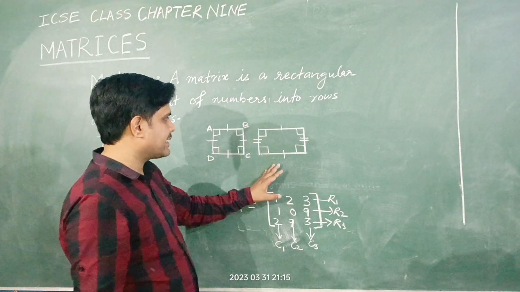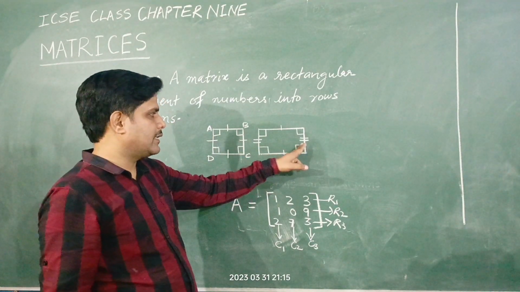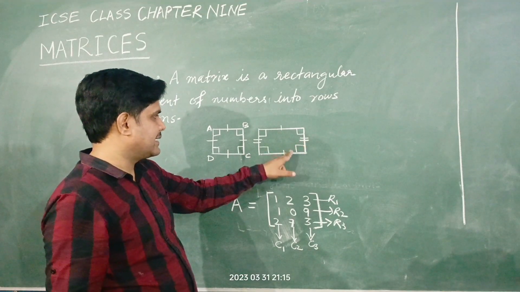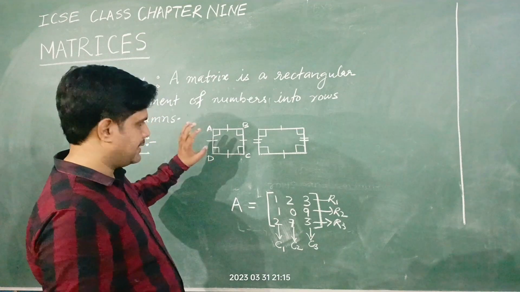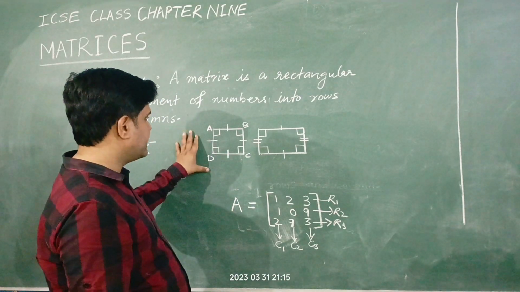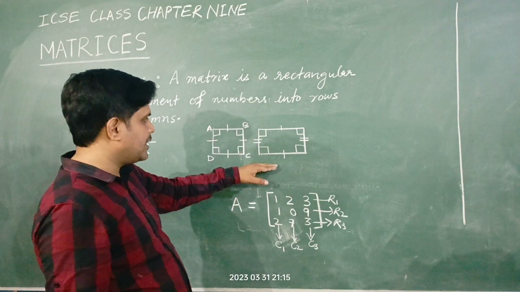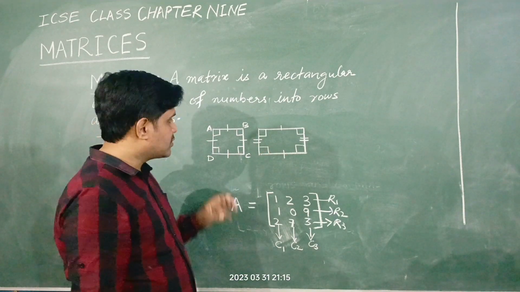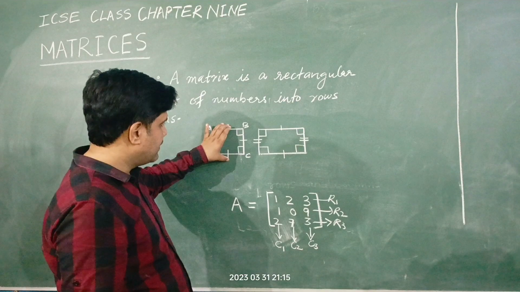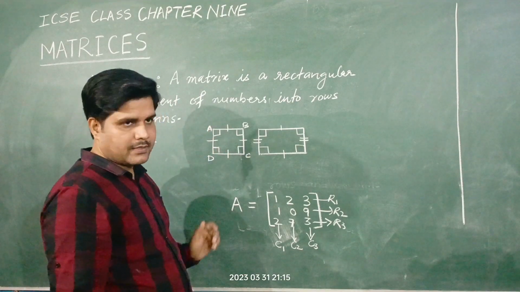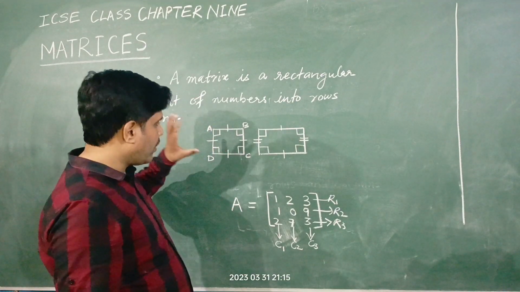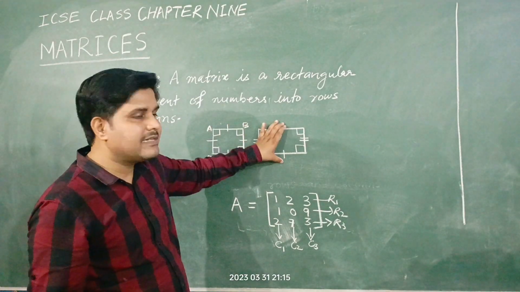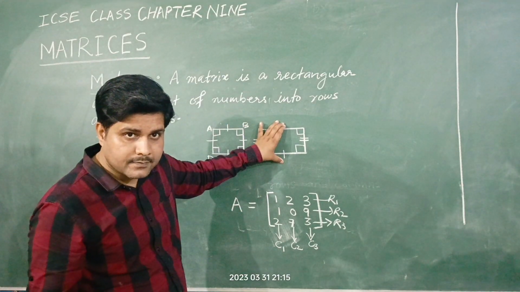Now, in order to be a rectangle, it must have all the corner angles, or the vertex angles, measuring 90 degrees, which it has. And opposite sides must be equal in order to be a rectangle. It has that quality as well. So a rectangle is there in a square. I can say that all squares are rectangles, but all rectangles are not squares.